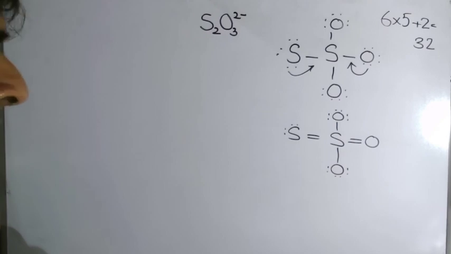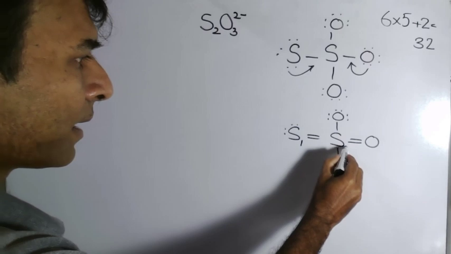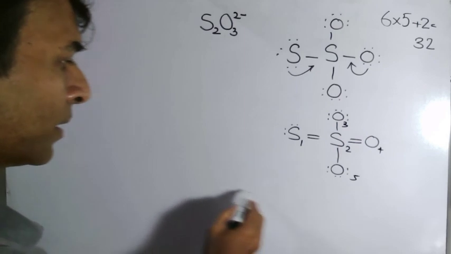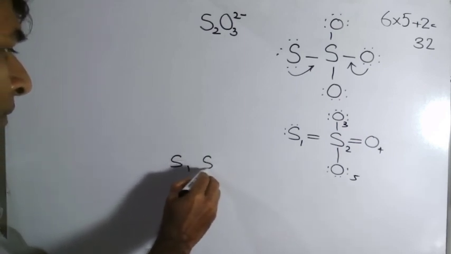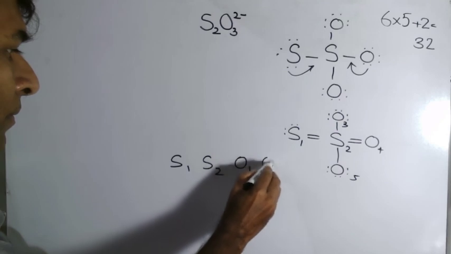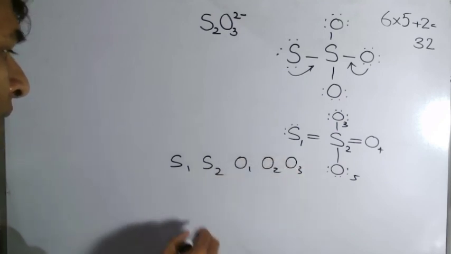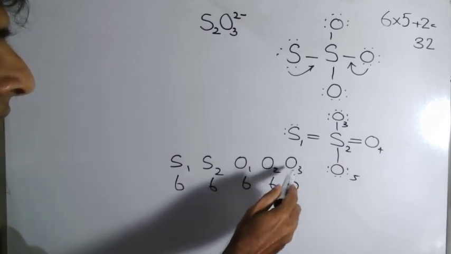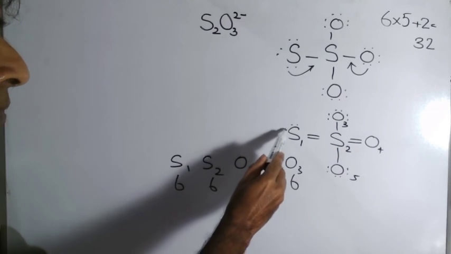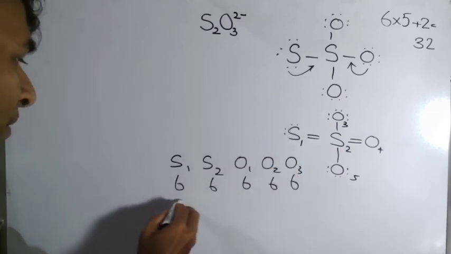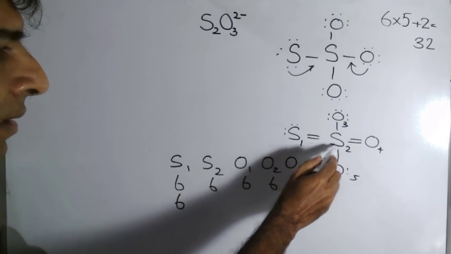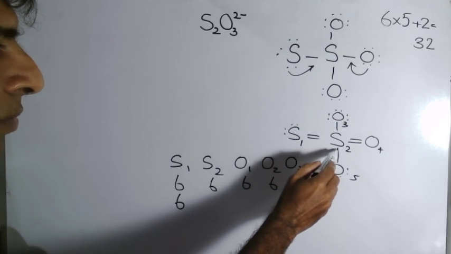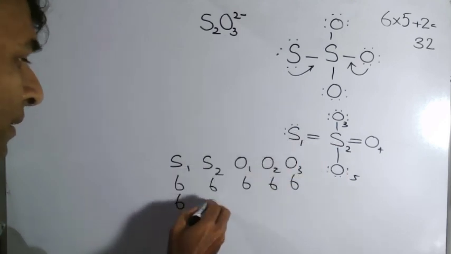Now I am going to number the atoms to determine the charges: 1, 2, 3, 4, 5. Each atom has 6 electrons in its valence shell. When we consider sulfur atom number 1, 2 plus 2, 4 plus 2, 6. And here, 1 and 1 is 2, plus 2, 4, plus 2, 6.